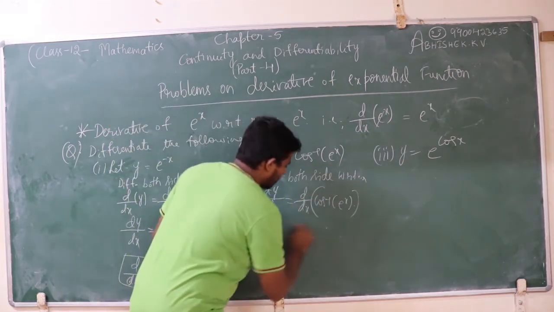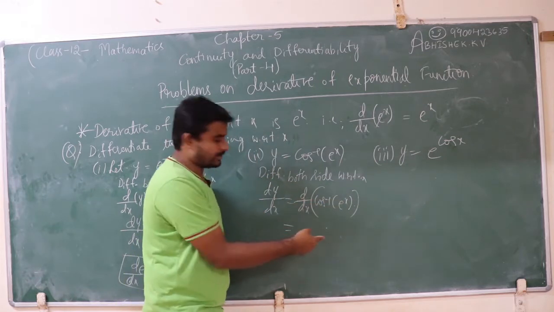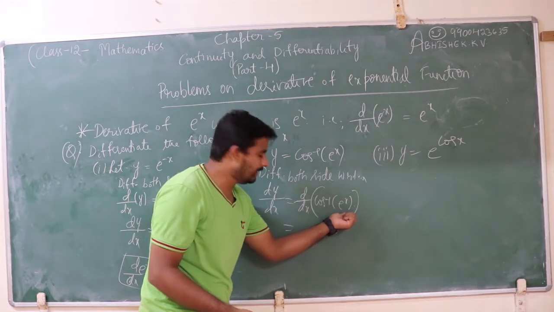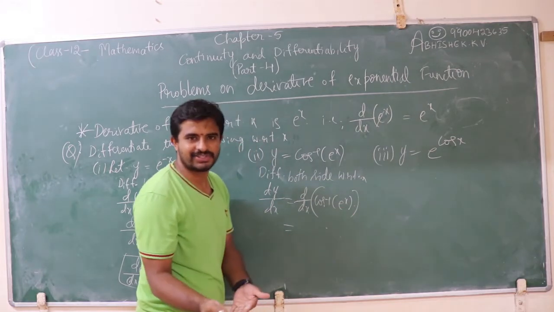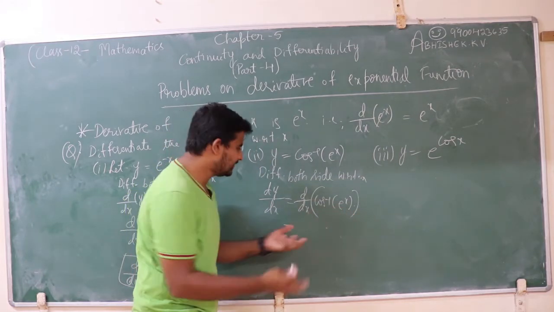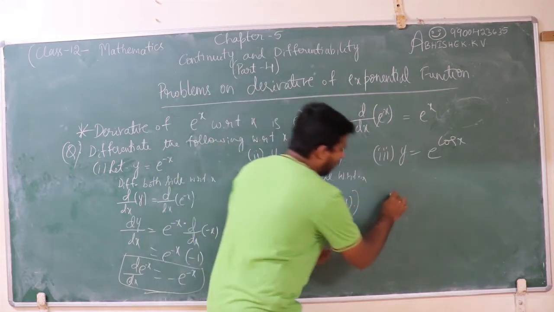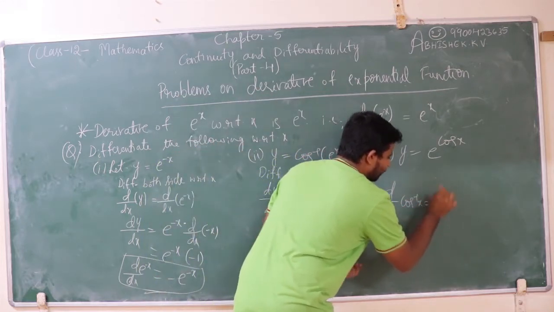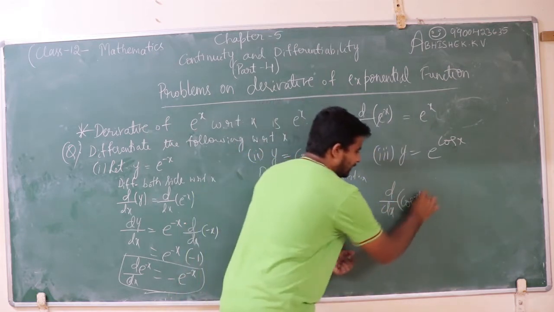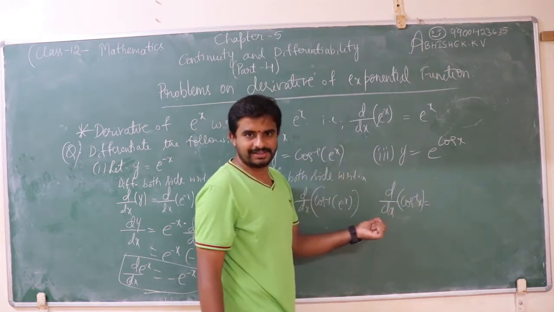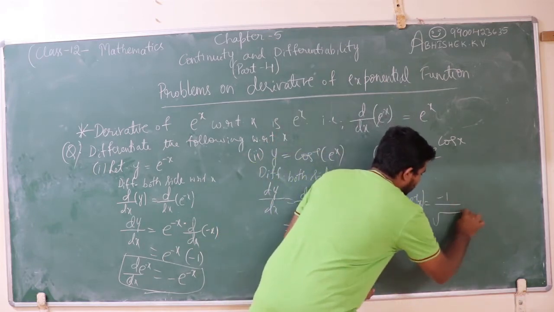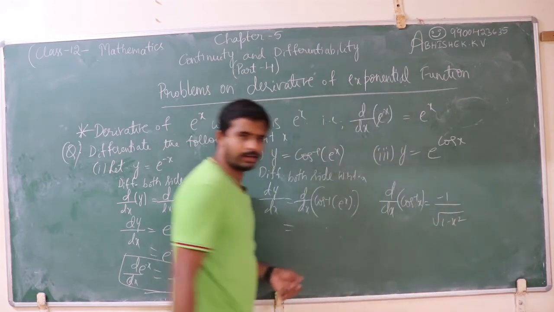It is of the form cos inverse of x, but instead of x, we have the exponential, e to the power of x. What is the derivative of cos inverse x? We already learned the derivative of inverse trigonometric functions in the last class. The derivative of cos inverse x is minus 1 divided by square root of 1 minus x square.